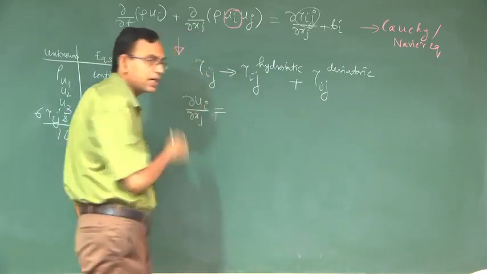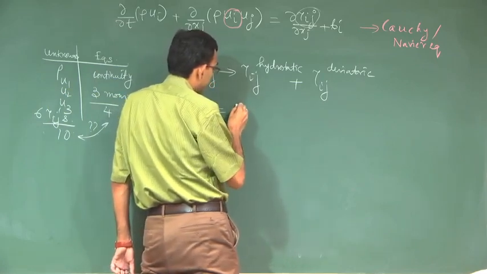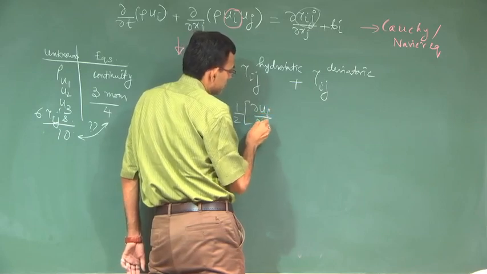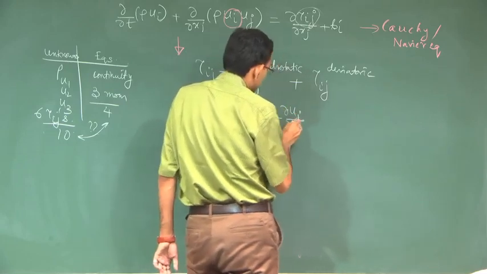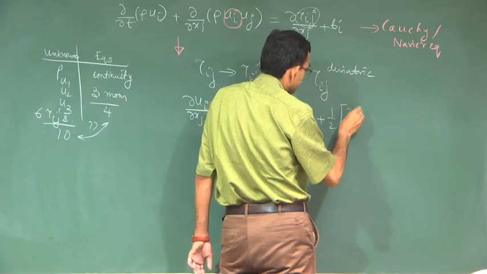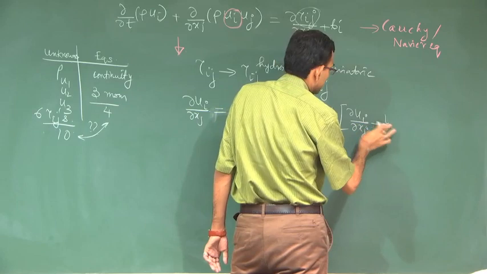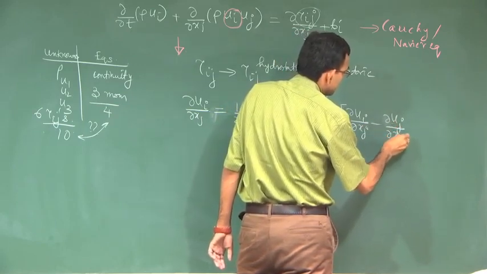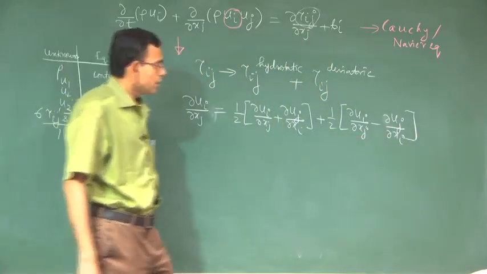The general velocity gradient tensor we can write like this.